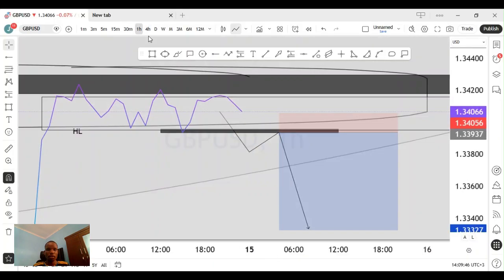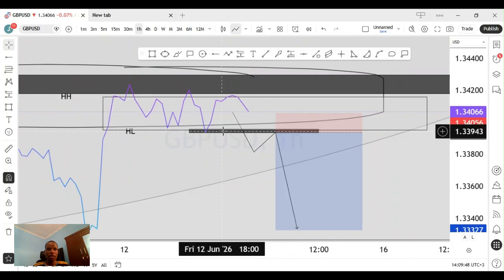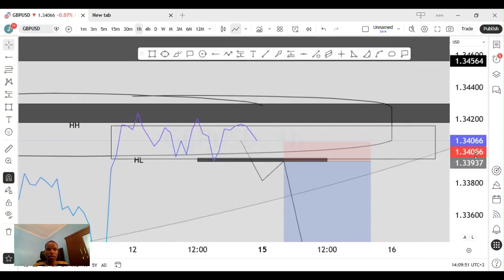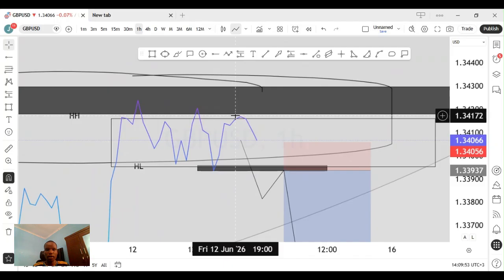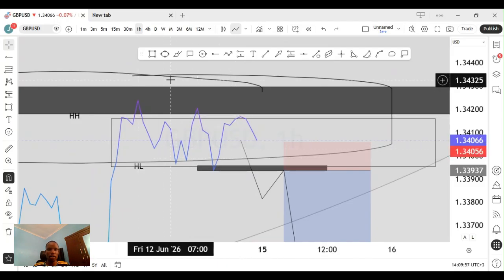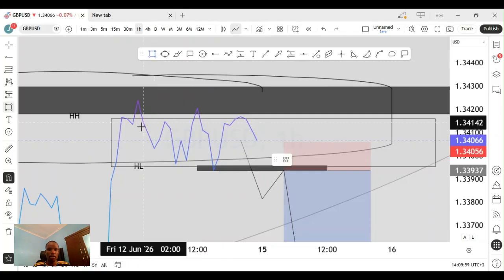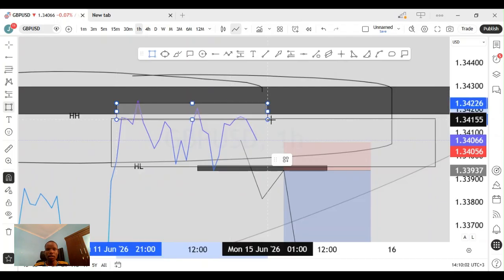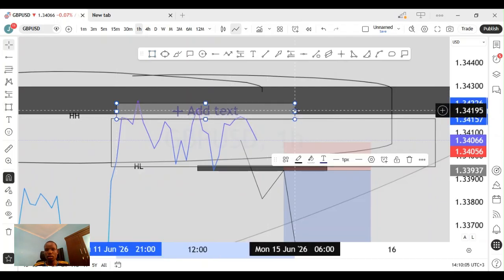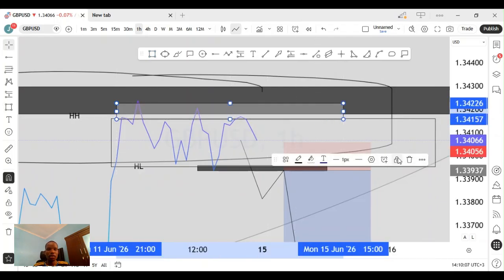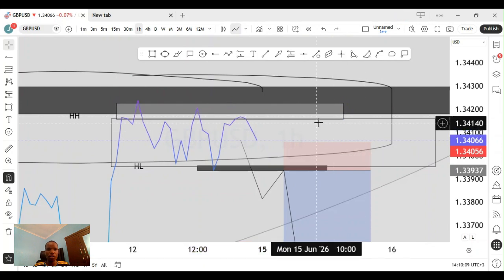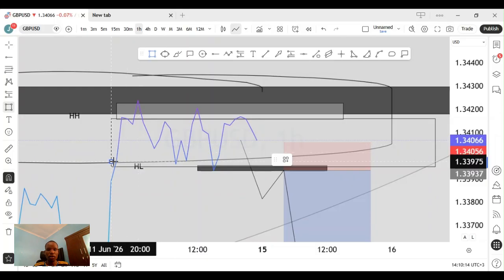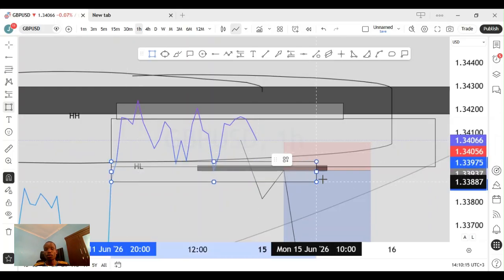As you can see, most of our scalpers can use this area only to take advantage, by considering this small ranging structure on the 1-hour time frame. They can consider this level as resistance to take a selling opportunity, and this support level to take a buying opportunity.